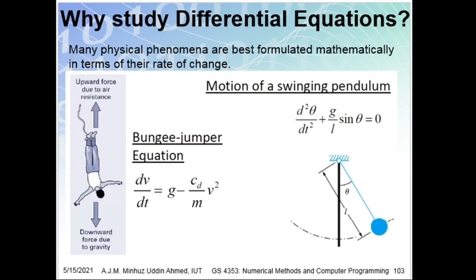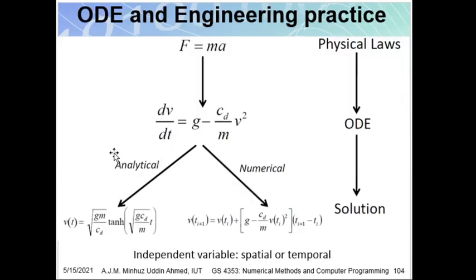Anyway, if I review this bungee jumper problem again and continue with the importance of differential equations, I can go to this one where you can see that the physical law says F equals ma, from which we obtain the ODE, that is the ordinary differential equation, dv by dt equals g minus cd by m multiplied by v squared.